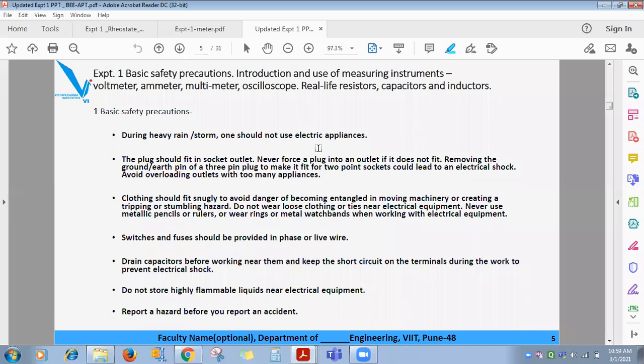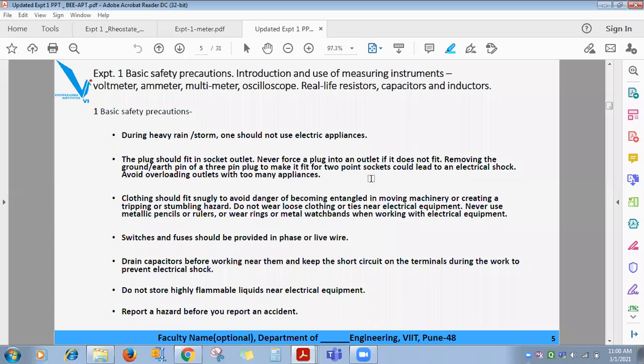Earthing connection is proper, continuous, not in a breaking condition. And if you switch on and the lamp doesn't glow, what does it mean? Earthing connection is somewhere in an open condition. So get it corrected. If you find somewhere the earthing connection is not done properly or there is a leakage current produced, inform the concerned person and ask him to get it corrected, otherwise someone will suffer.